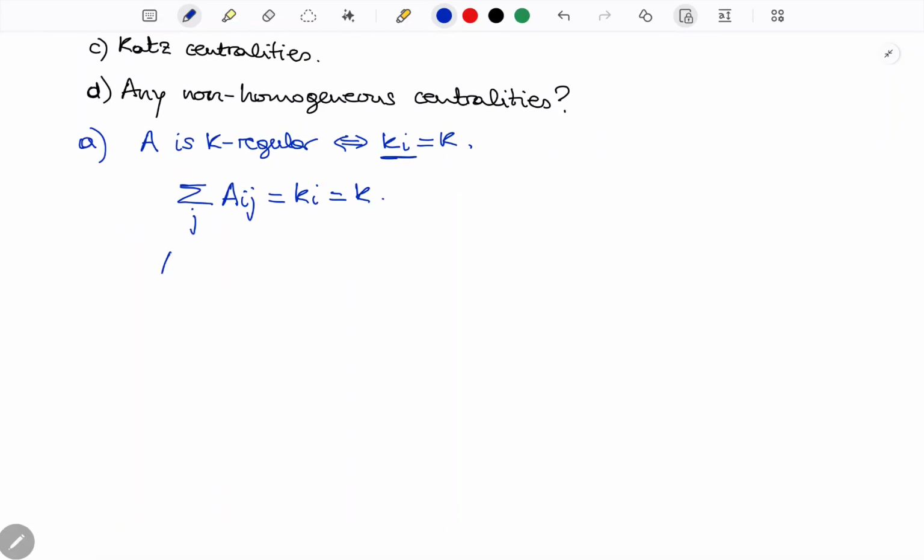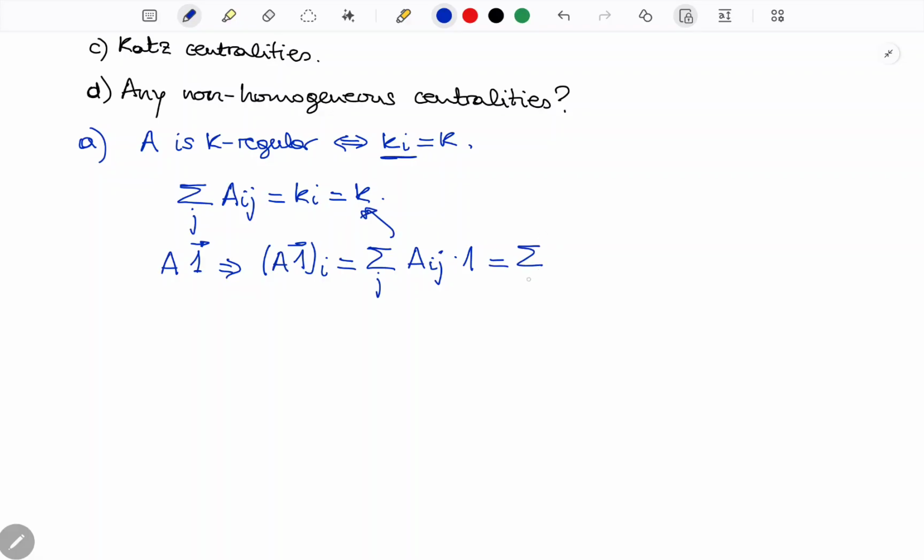So when I multiply matrix A times the vector of ones, I'm going to do it component by component. The ith component of this vector is going to be the sum over j of Aij times 1, which is exactly the expression that we had before.